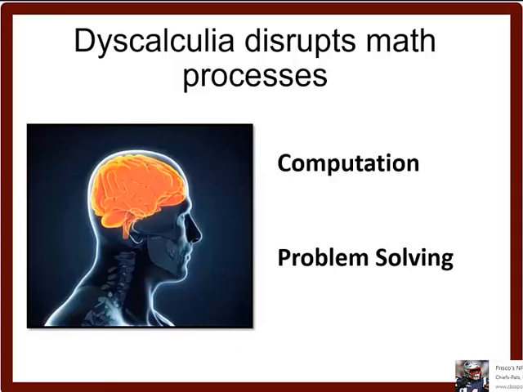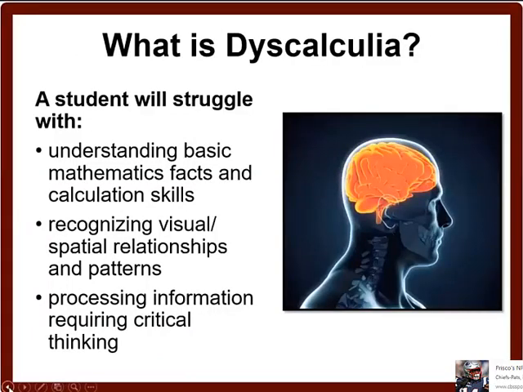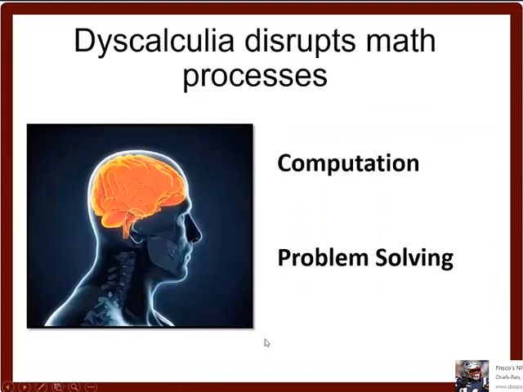So the 2 things I want to leave you with are basically 2 resources, and I want you to grab them before you leave. The first thing that you see in the chat pod is a link to a wonderful resource, and this will give you much more information than I just did in a whirlwind 15 minutes. This gives you the signs of dyscalculia at different ages, from preschool to grade school to middle school and to high school.